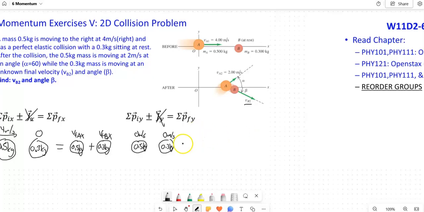After the impact, the 0.5 kilogram ball has a final velocity for A in the Y direction, and the 0.3 kilogram ball has a final velocity in the Y direction.